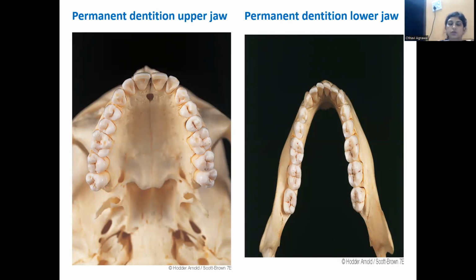The permanent dentition of the upper jaw and the lower jaw comprises the incisors, the canines, the premolars, and the molar teeth.